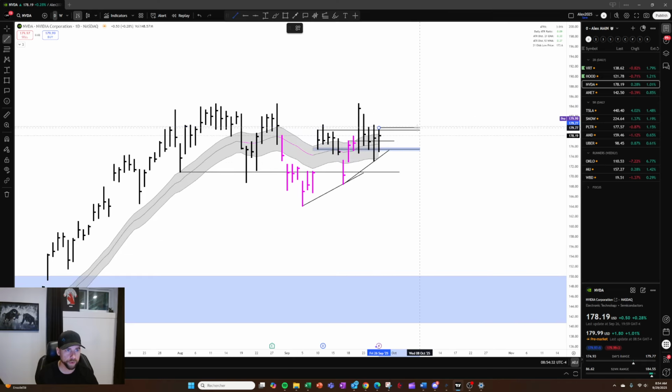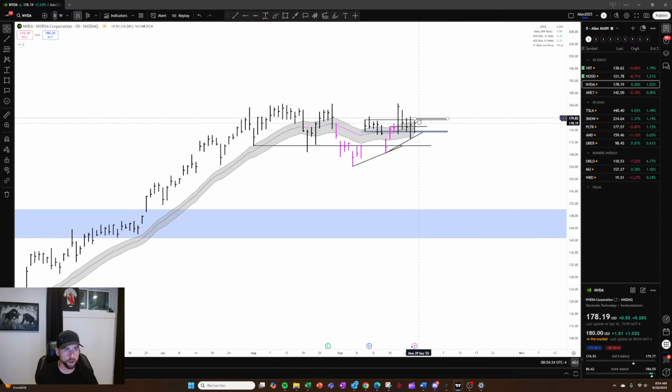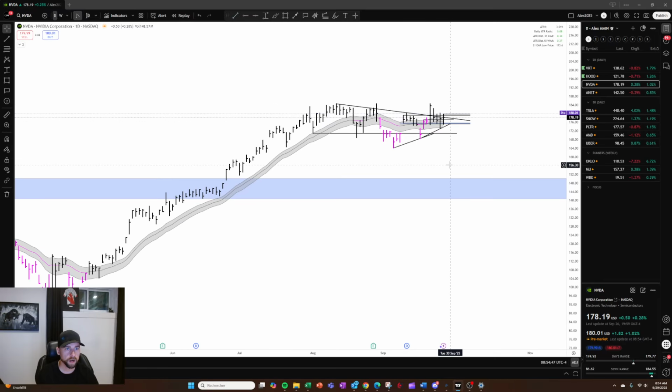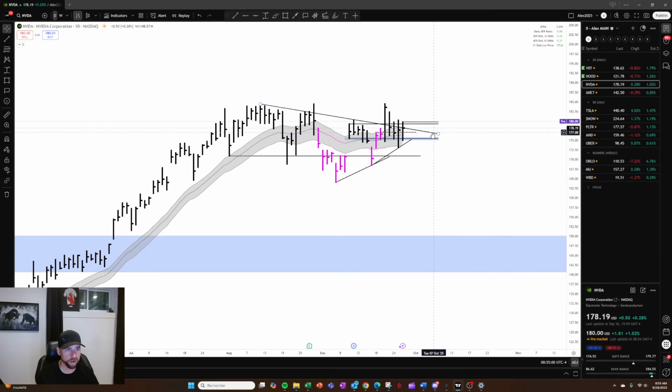So you can look at Friday's high again for an entry. We're gapping right into it, so maybe look at some weakness early on this morning, but I really like that setup on Nvidia, which is still the undisputed AI leader. When you see Nvidia looking like that, I really have a hard time being bearish, to be honest.